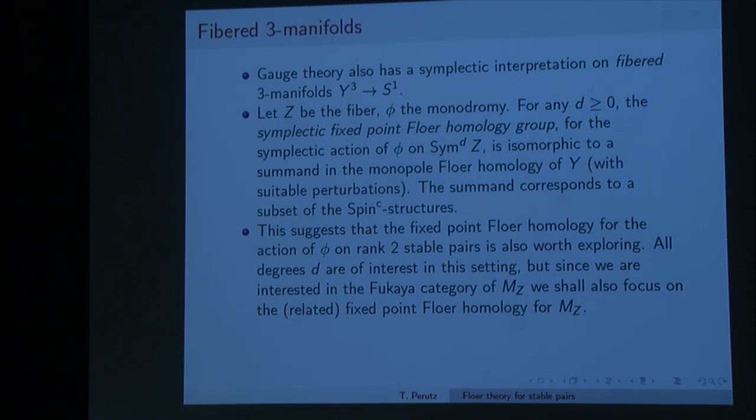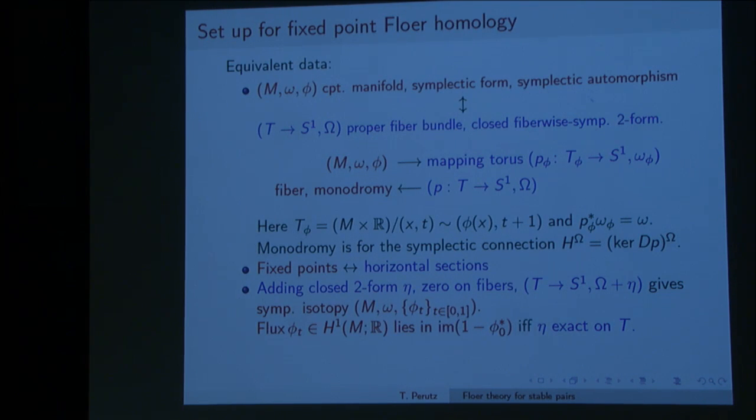Now in this setting, it's of interest to take any degree D, but I'm going to focus on the one that I already identified, because I've argued that the Fukaya category of that one, of MZ, is of interest, and so we're going to focus on fixed point Floer homology inside MZ. Okay, so fixed point Floer homology is familiar to many in the audience.